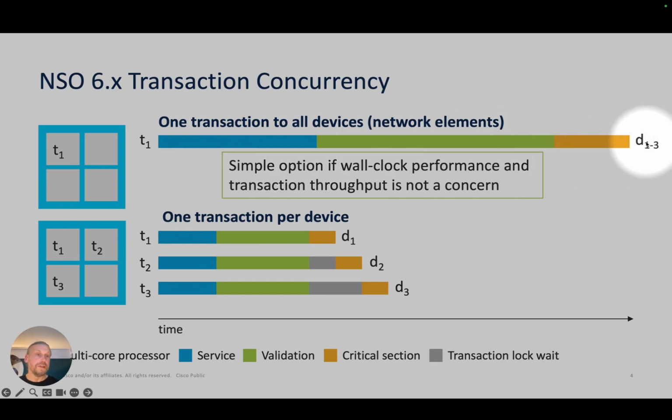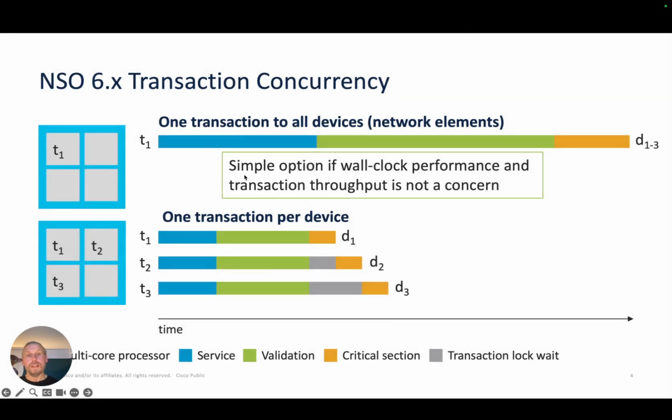NSO will still parallelize the updating of the devices, but the lock won't be released until the slowest device has replied, saying, okay, I got the configuration now. So this is a simple option if you don't care so much about wall clock performance and how long this takes, and you don't have that many transactions going concurrently. So this can be what you want to do.